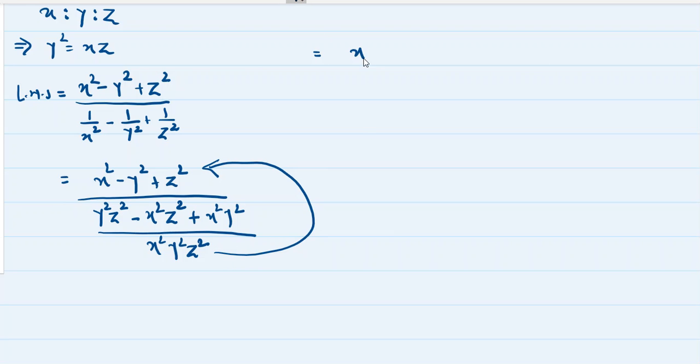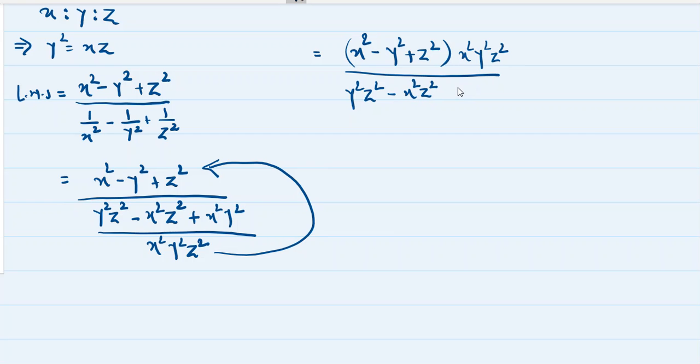So I will get x square minus y square plus z square, bracket x square y square z square, the whole upon y square z square minus x square z square plus x square y square. One thing which we know is y square is equal to xz. I think that's going to help us. Y square is equal to xz.